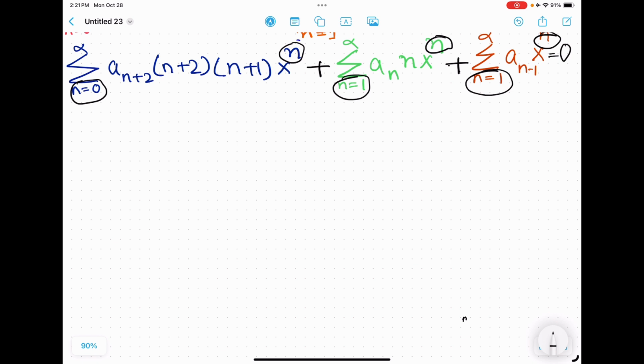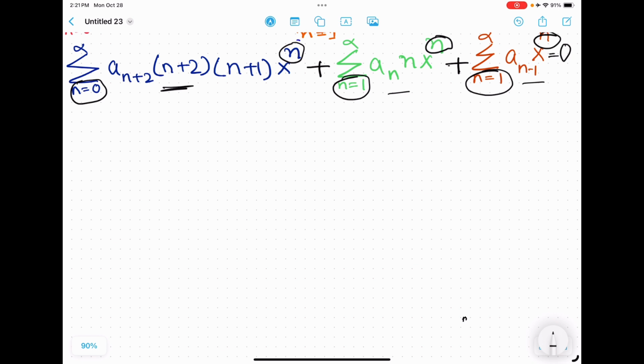Both my second and my third power series start from 1, but our first power series starts from 0. So I want to shift it so that it also starts from 1. We can definitely do that.